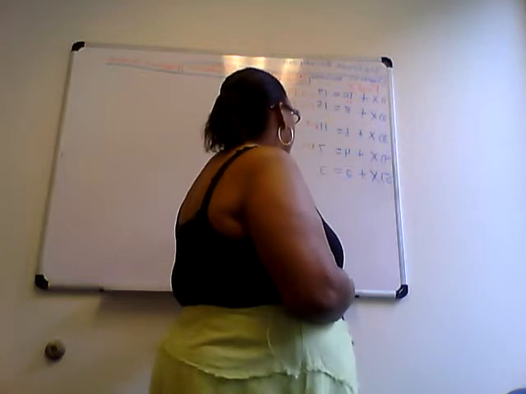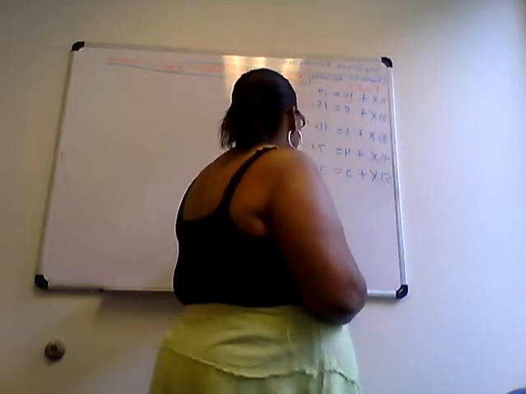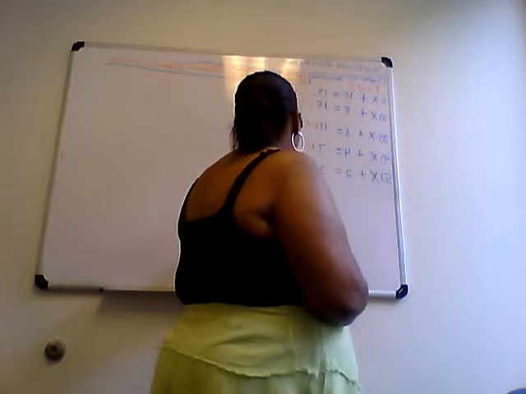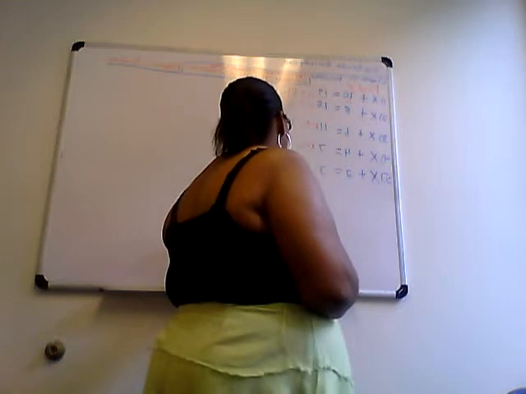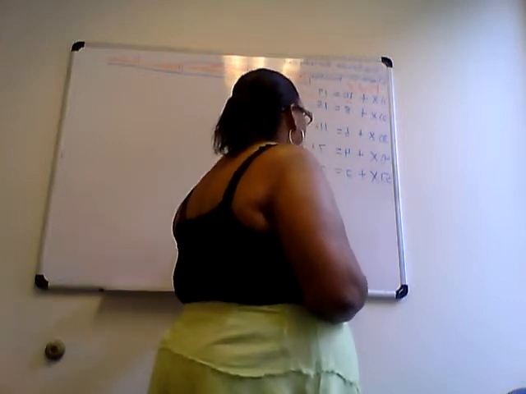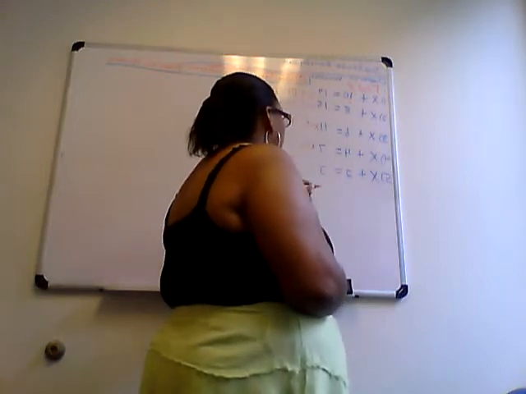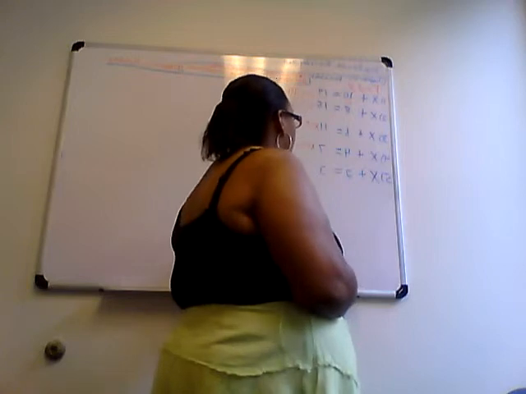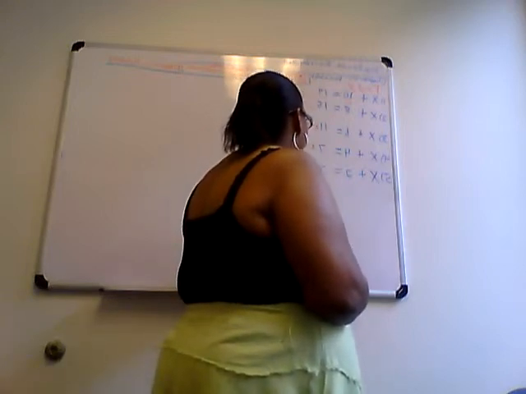So we'll plug in our two numbers. 3 minus 2. Yeah, that one's real easy. Equals 1. So if 3 minus 2 equals 1, then x plus 2 equals 3. What is x? x equals 1.